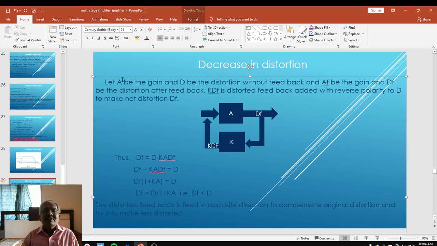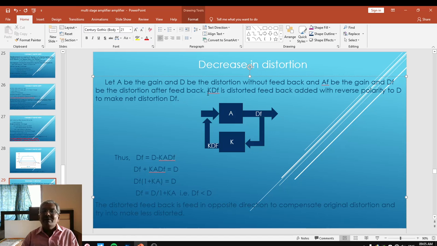Let me consider capital A be the gain of the basic amplifier and D be the distortion present in the basic amplifier without feedback. And let me consider AF be the gain of the amplifier after feedback and DF be the distortion at the output of the basic amplifier after feedback.